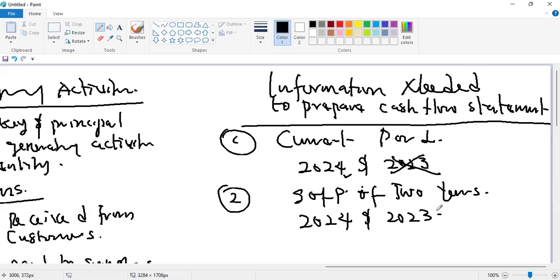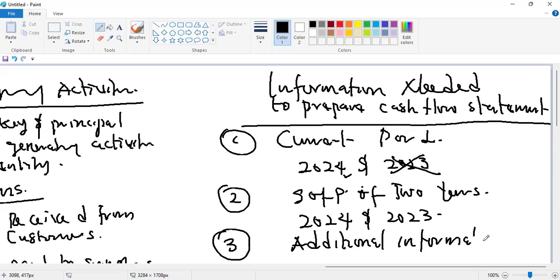The third one, I need additional information. In additional information, what do I need? Which information am I expecting in additional information?